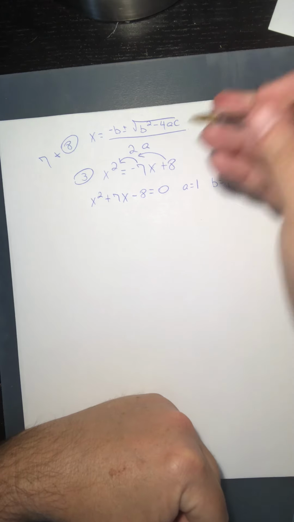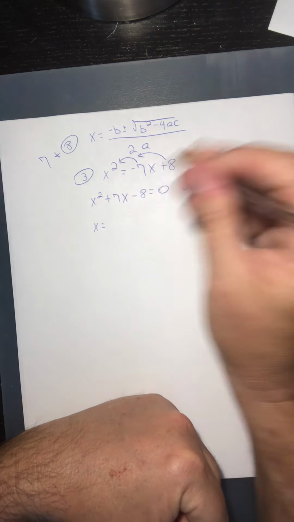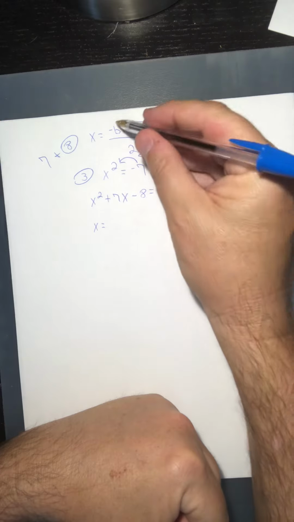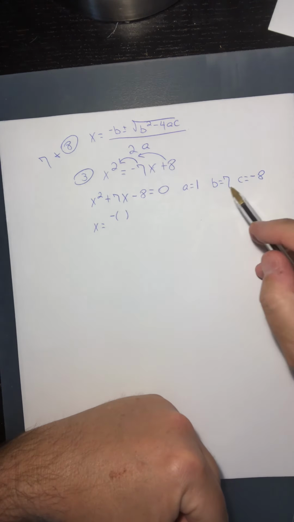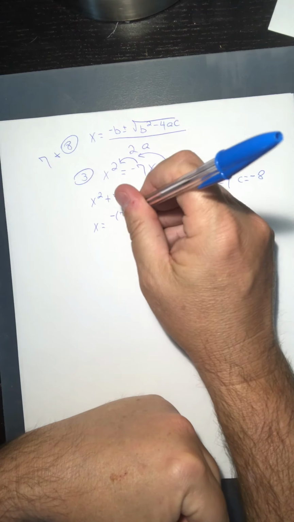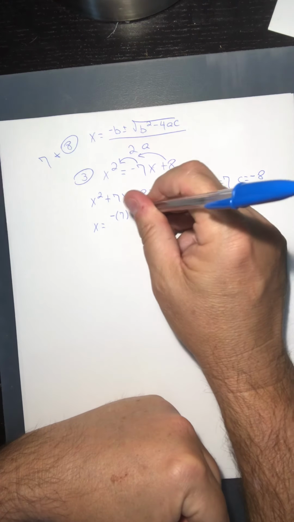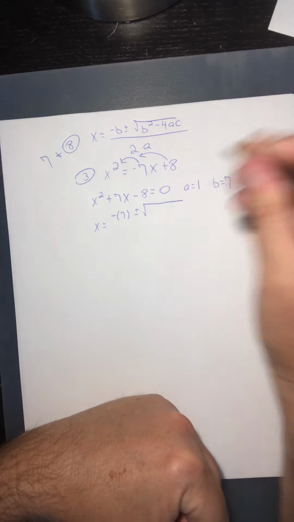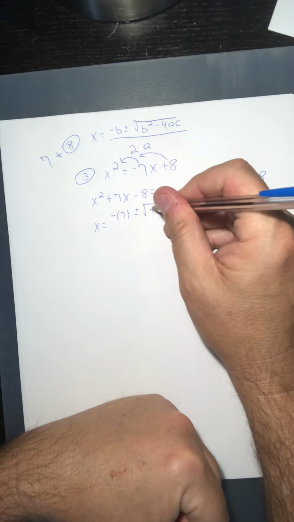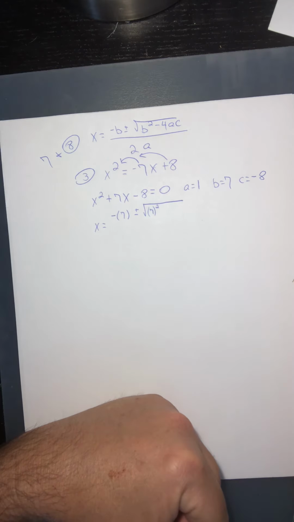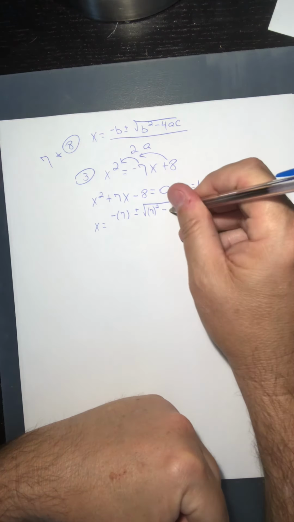So now we're ready to plug it in to that quadratic formula. X equals negative whatever my B is. Well, now let's look at our B. It's a positive 7, so I'm going to put a 7 inside my parentheses. I need my B squared. Well, my B is 7 in parentheses squared minus 4.